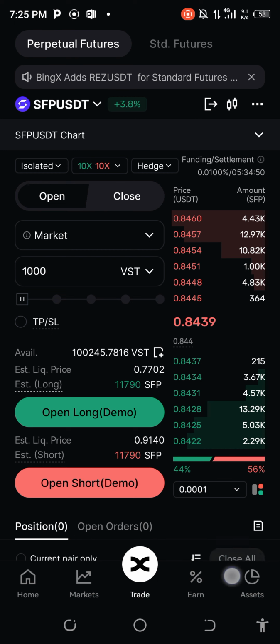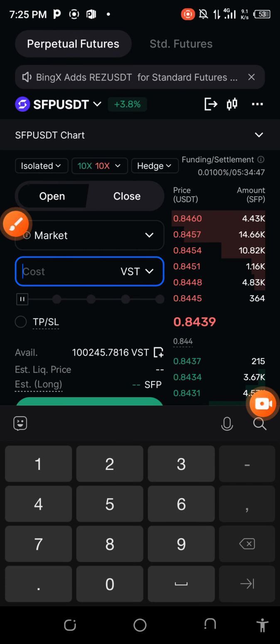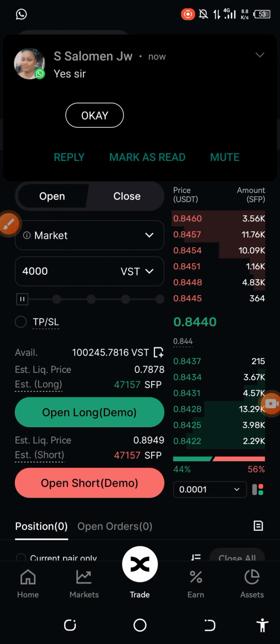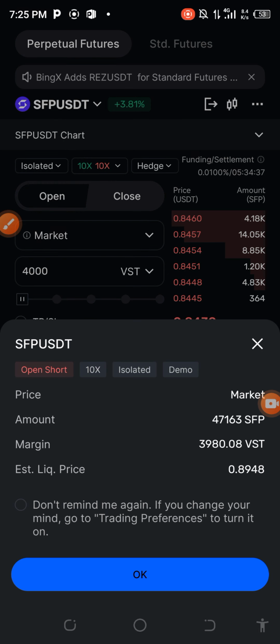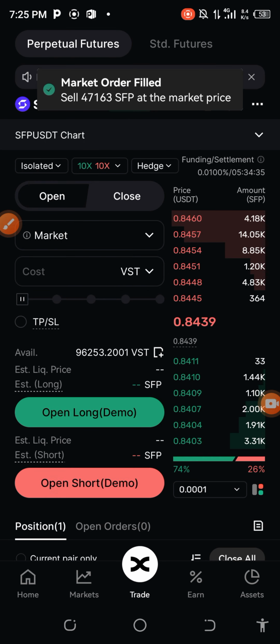So if I'm to pick this trade now, I'm to use $4,000. When I use $4,000, I will say short and short the market.